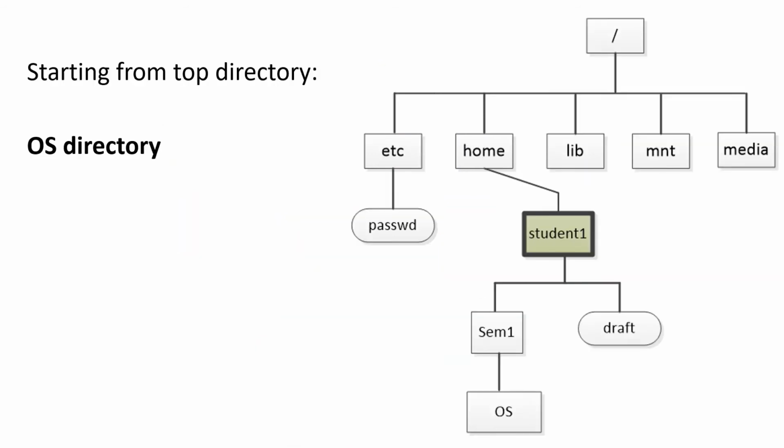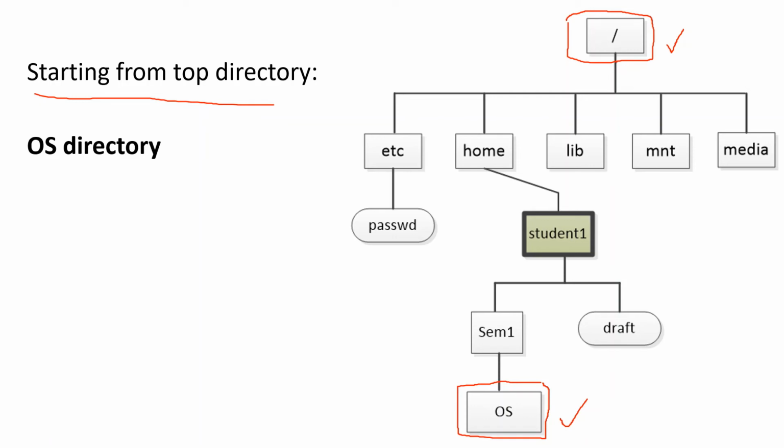So in this example, we start with the OS directory. So first of all, identify where the OS directory is. So here is the OS directory, and for absolute path, we start from the top directory, which is root. Identify what the path is from root to the OS directory. So we must follow the path given in the structure.